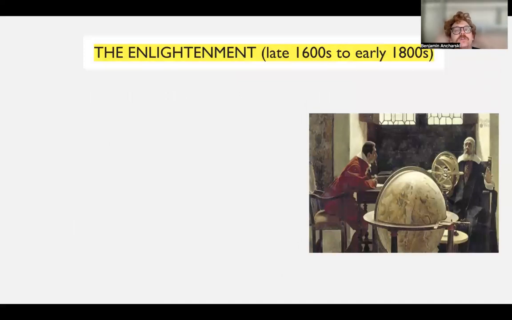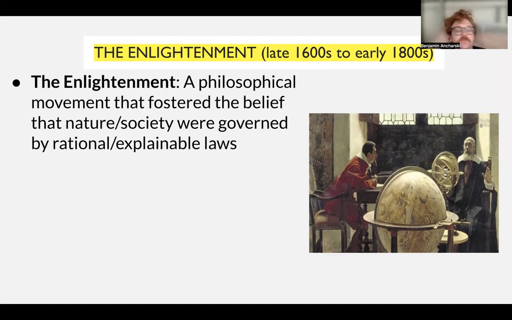But another big result of the scientific revolution is going to be another intellectual movement, and that intellectual movement is the Enlightenment. And the Enlightenment is something we will come across time and time again in Unit 4, in Unit 5, but in Unit 6, and also in Unit 7 as well. So we will come across the Enlightenment quite a bit, but what is it, and how is it a result of the scientific revolution?